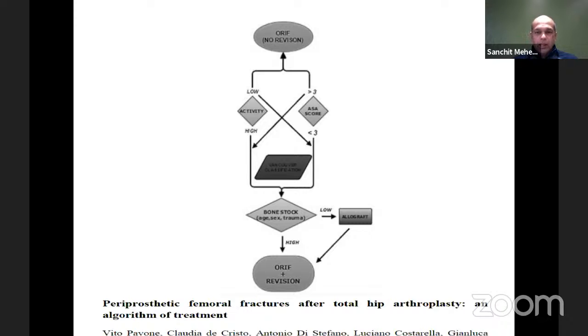If the bone stock is low, younger patient, try and restore bone by either using allograft, which, like I said, we don't unfortunately keep in the unit. We don't have a bone bank on site. So we don't tend to use allografts as commonly now, and we would straight away go with another dual plating system.